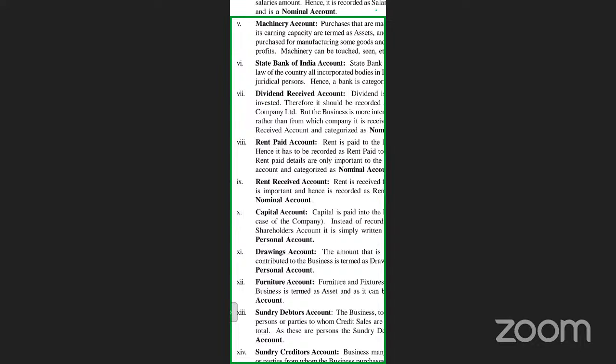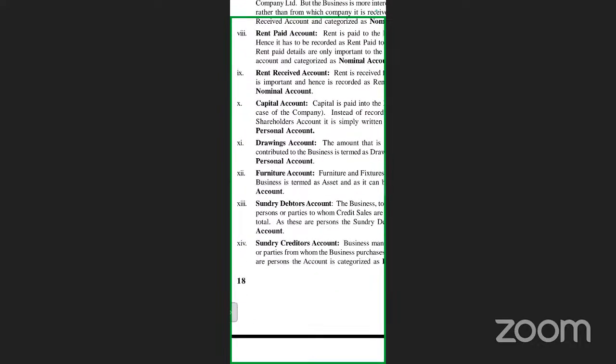The people who purchase the goods on credit basis are called sundry debtors. Now tell me, do they come under personal, real or nominal? Goods go to the customer. They are persons. So it's personal.